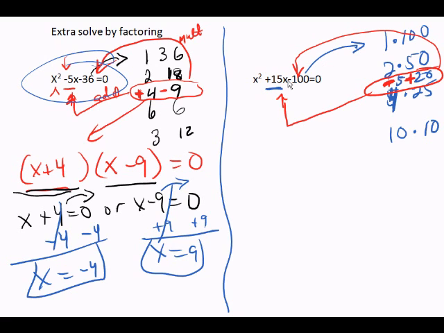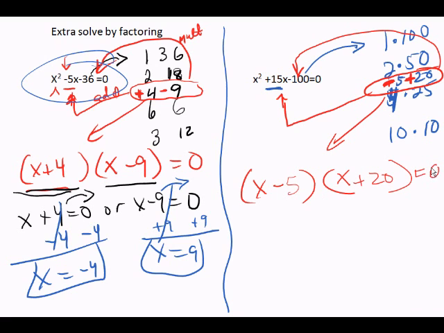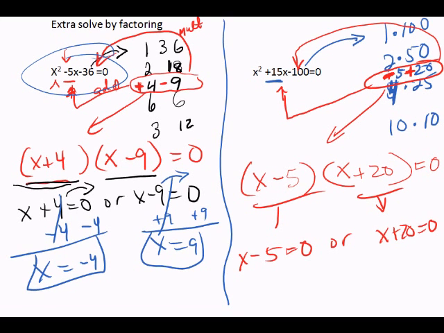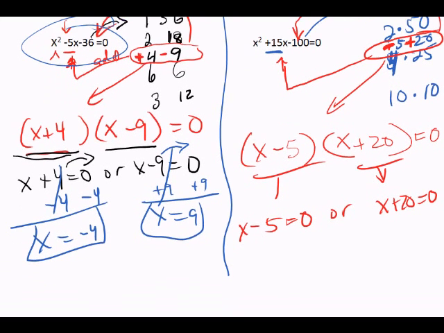And when you multiply, a minus 5 times a plus 20 is a minus 100. So my pair is x and x, and then I bring the pair down, a minus 5, a plus 20 equals 0. And we have two things that multiply together to equal 0. We say x minus 5 has to equal 0, or x plus 20 has to equal 0.